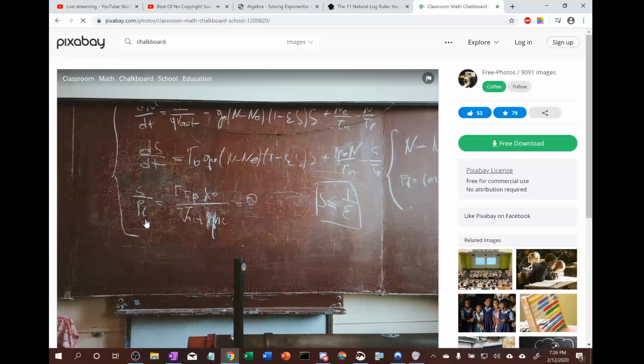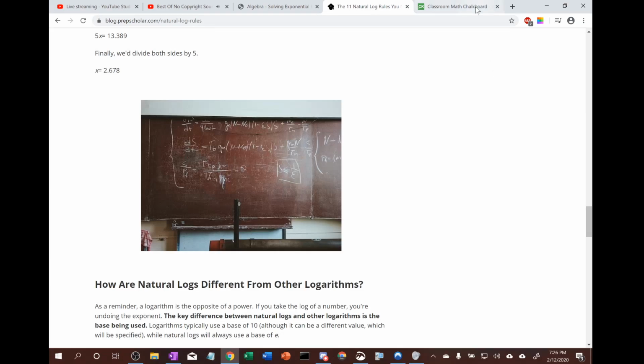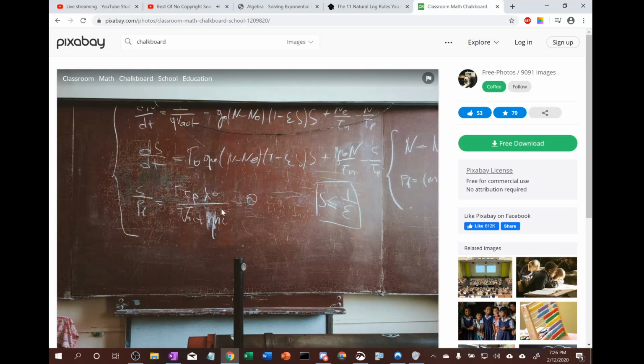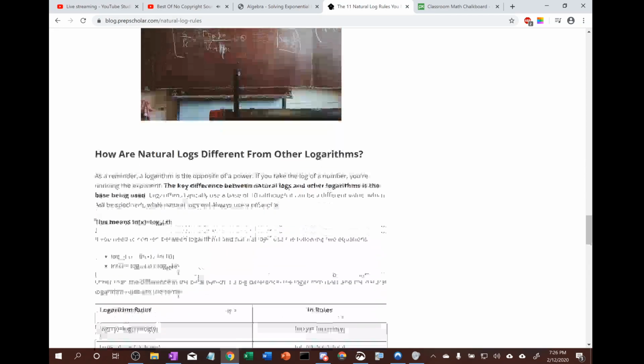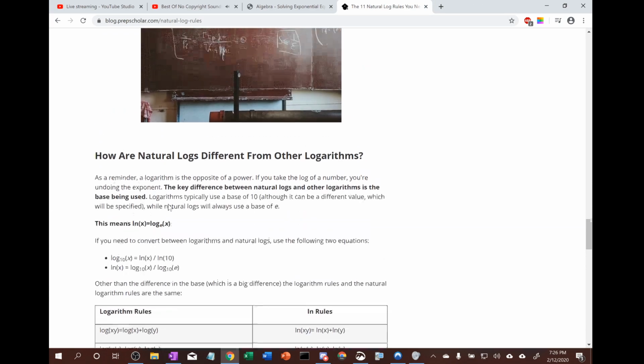I found it. So look, that guy got this photo from this royalty free image site. It doesn't even have logs on it. So why is it he just got a picture of something that looked like math on a chalkboard? Awesome. Okay, I don't know why that was so exciting, but okay.